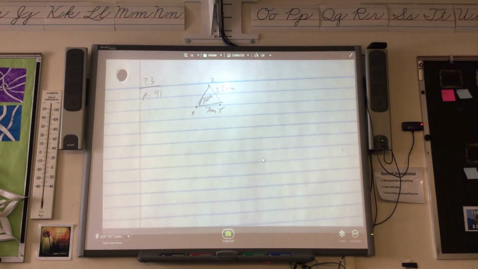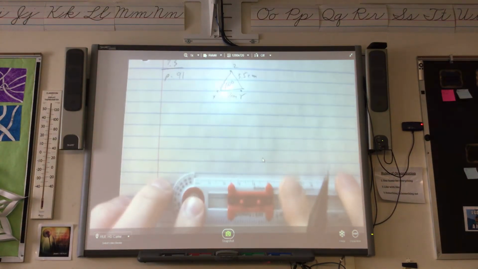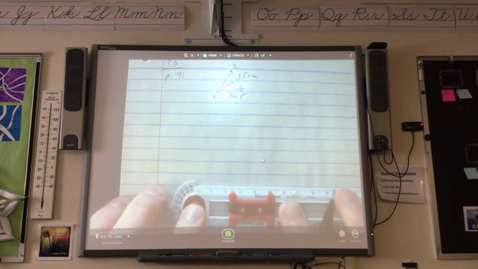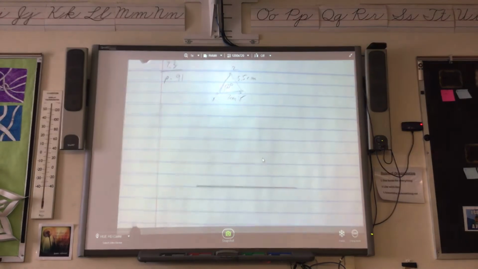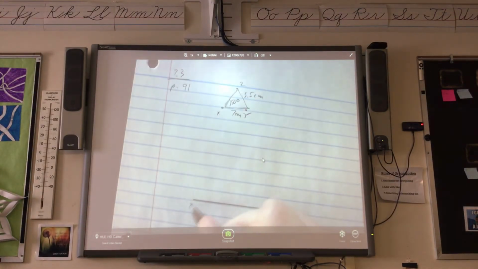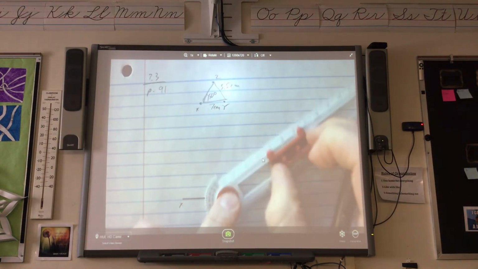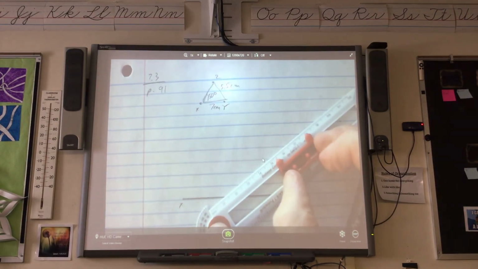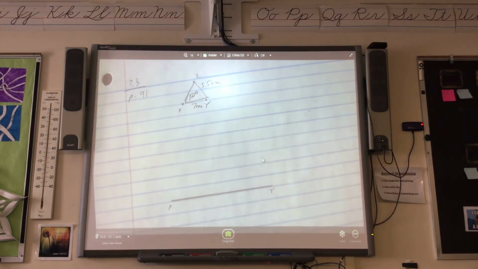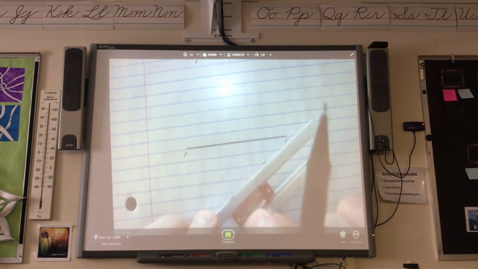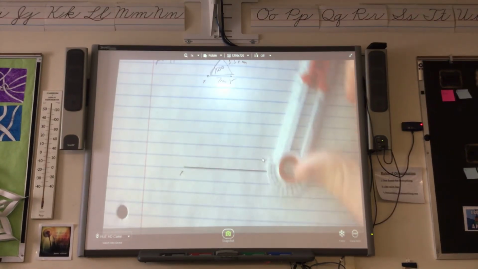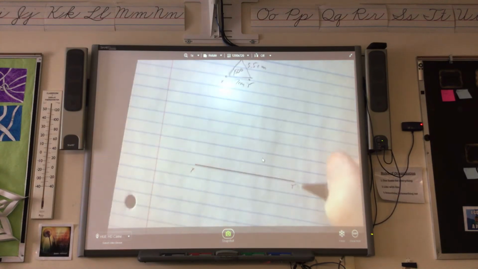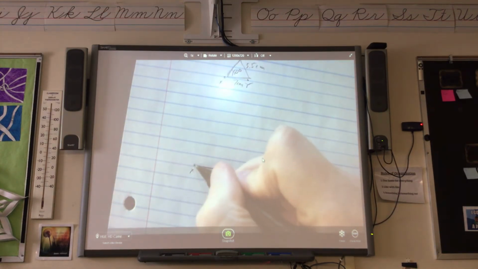So I start out by drawing the bottom of the triangle. That's 7, so this is X and Y. Then I'm going to draw this at 5.5. That's this one right here. I'm going to draw a little dot there to help me a little bit more.